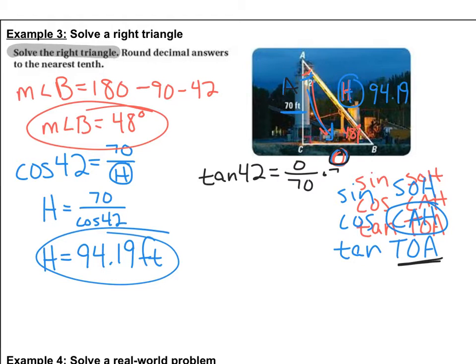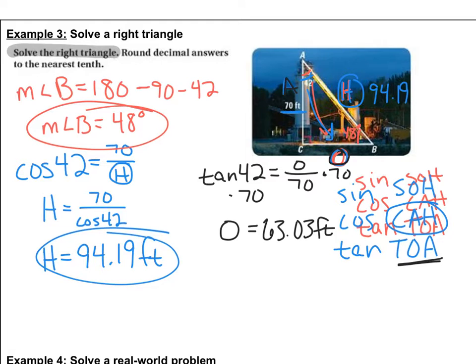I will multiply both sides by 70. And my opposite side in this case will be equal to the tangent of 42 times 70, which equals 63.03 feet.